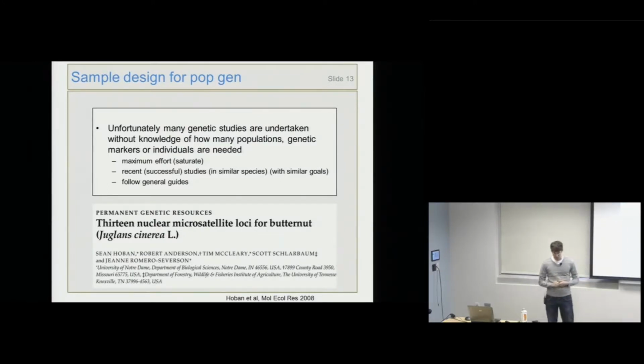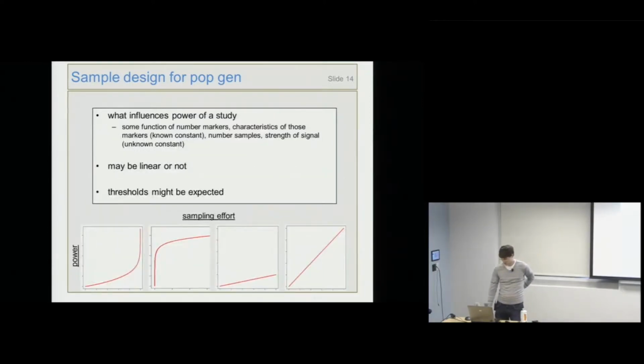And the answer that I got was to look at the journals that I want to be published in and sort of look for the average number of markers that most people are publishing with. And that's ultimately what I did. And this was sufficient for most of the work I wanted to do, but it's not really a very good answer to that question.